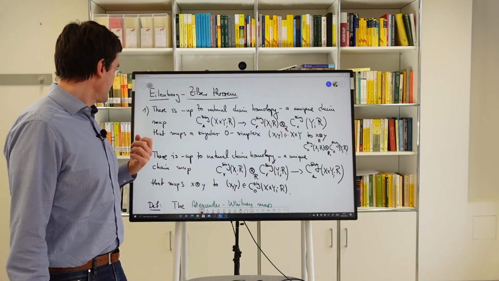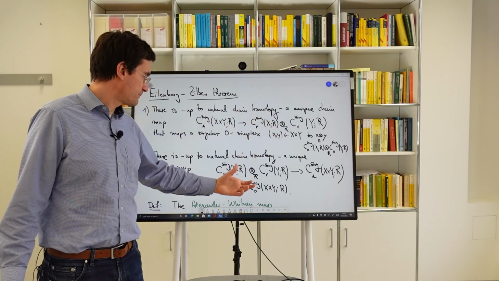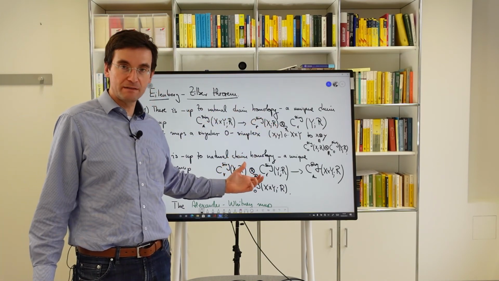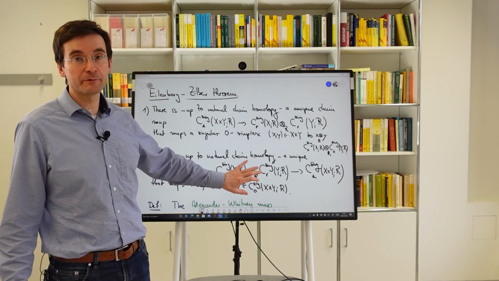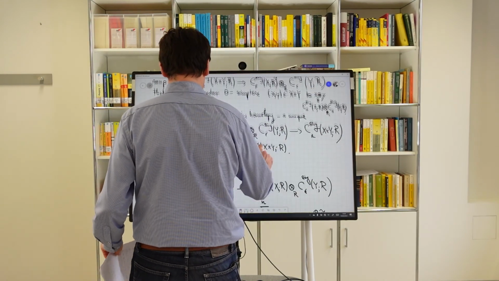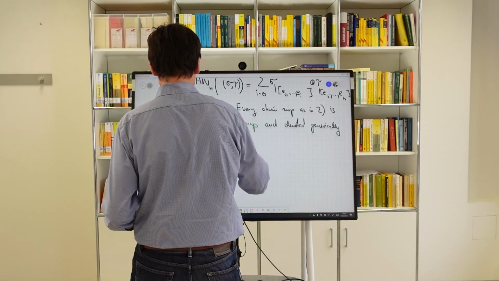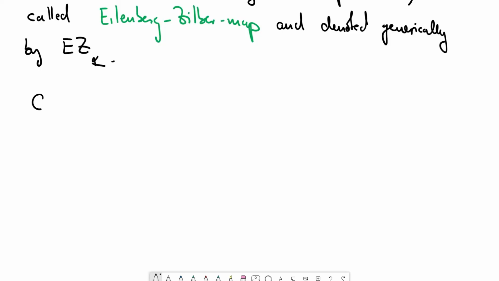So the Alexander-Whitney map, or any map as in one, is a natural chain homotopy inverse of any Eilenberg-Zilber map. So let's call this a consequence, although it uses some extra knowledge.